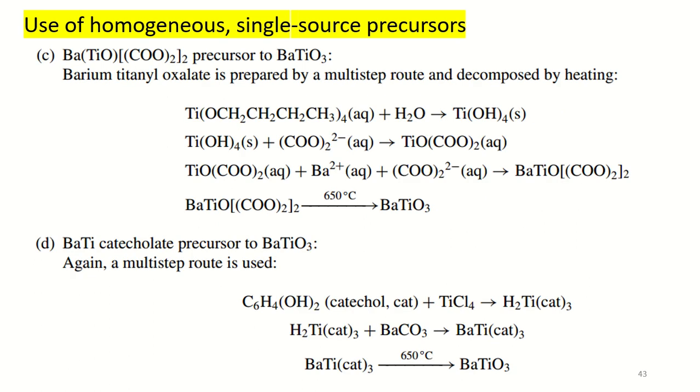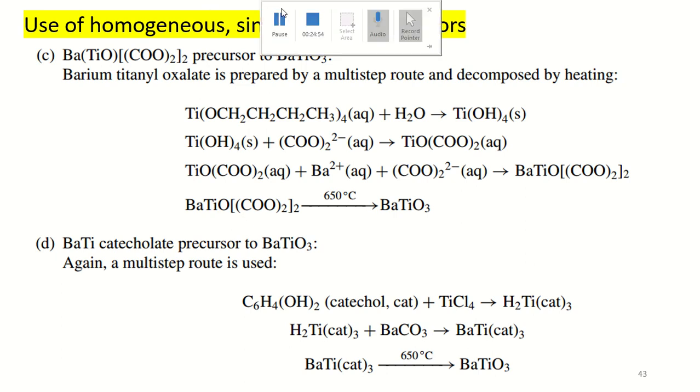In C, we can see the precursor for barium titanate, BaTiO3. Barium titanyl oxalate is prepared by a multi-step route and decomposed by heating.